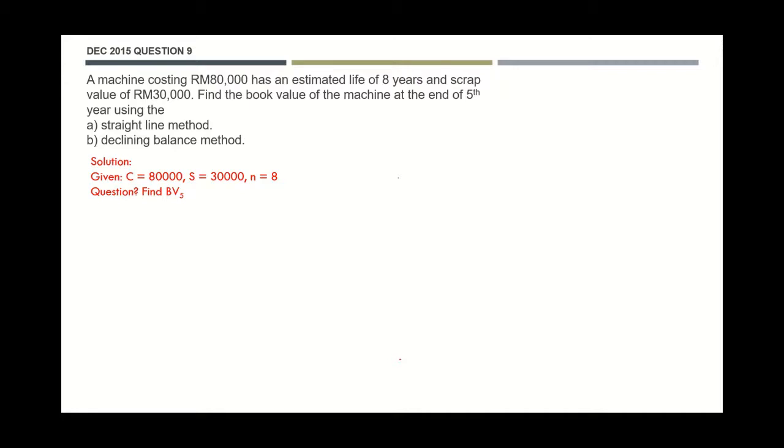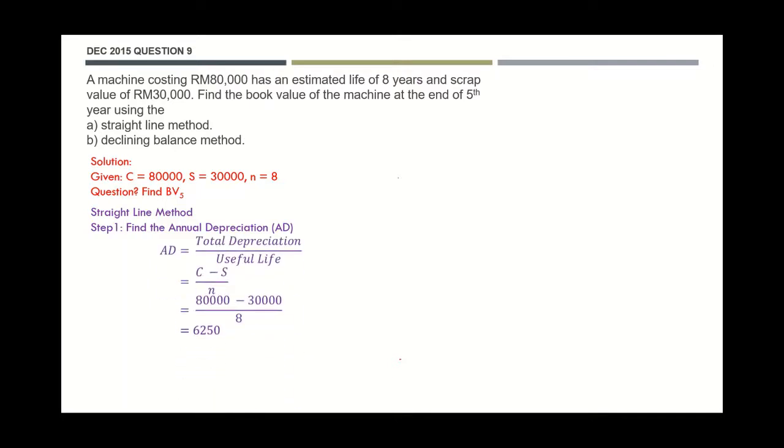First of all, let's start with the first one, that is by using the straight line method. If you want to solve the problem using the straight line method and you already have the values of C, S and also N, you can first find the annual depreciation value.